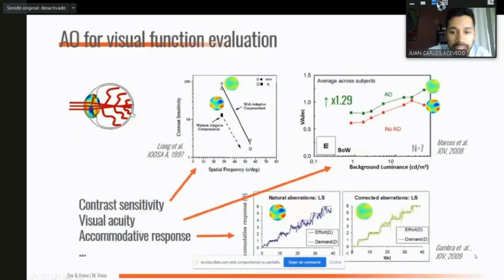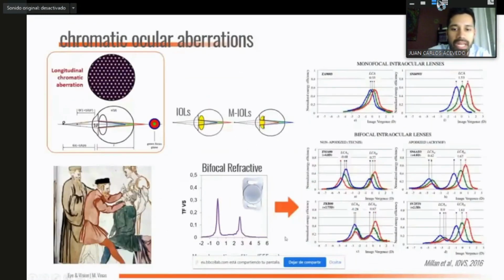Adaptive optics is also used to measure contrast sensitivity, visual acuity, and accommodative ability. It can not only correct aberrations, but also evaluate the process of brain adaptation to the different wavefronts. Single vision lenses do not induce significant changes in wavelength path and wavelength velocity. Blue light is focused before green light.